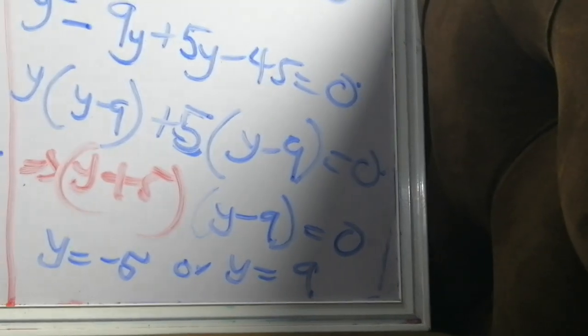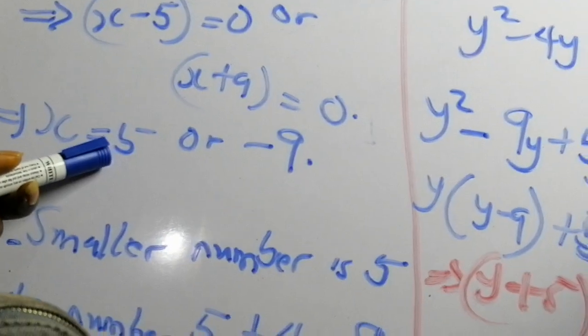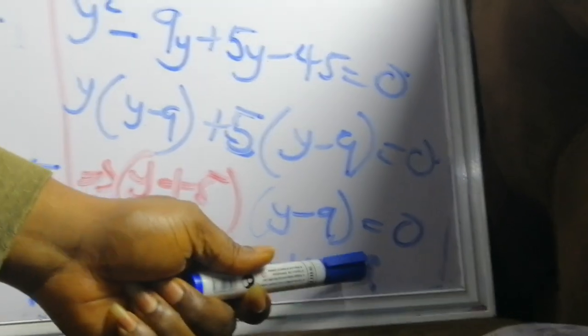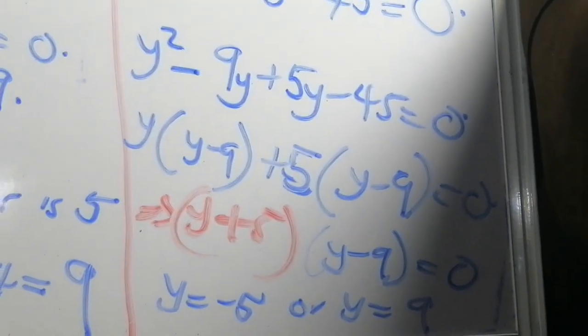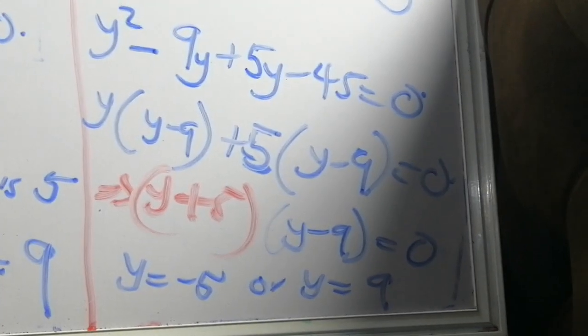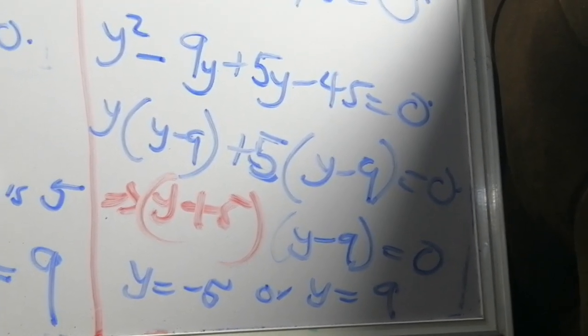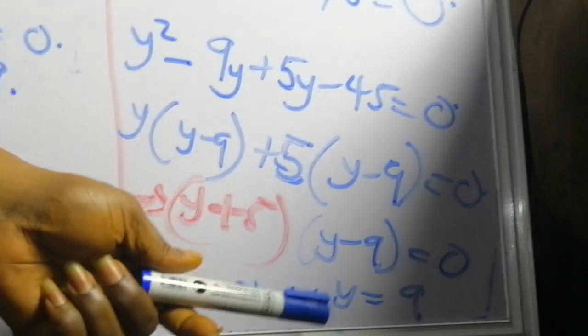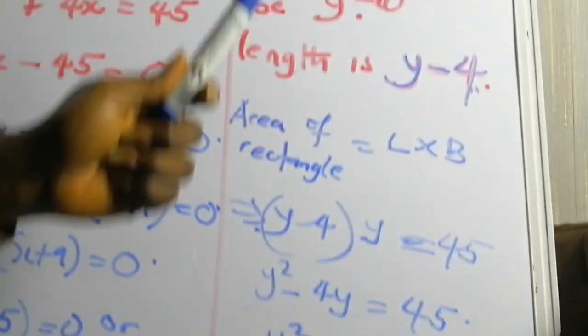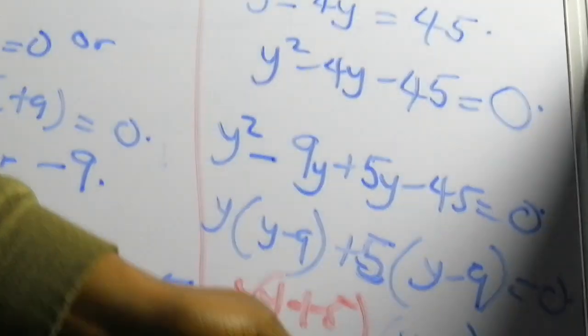In the first question, we picked 5 because 5 is positive. But in this second question, we are picking 9 because 9 is positive. So the width is 9. Make sure you conclude. It means the width, which is the breadth now, is 9, which is y equals 9 here.